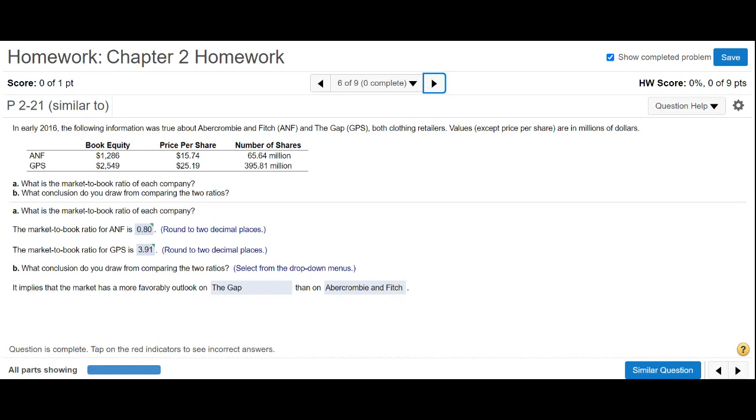Keep in mind what I was telling you before. When someone talks about your market value, when your market value is so high, like Amazon, they see a lot of future in these companies because they have so much wealth.